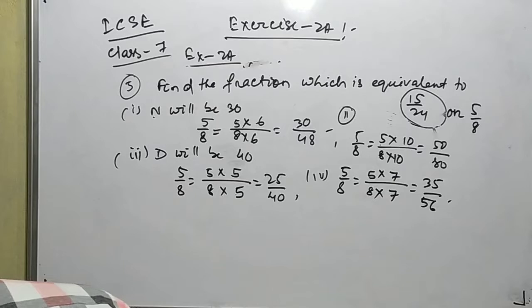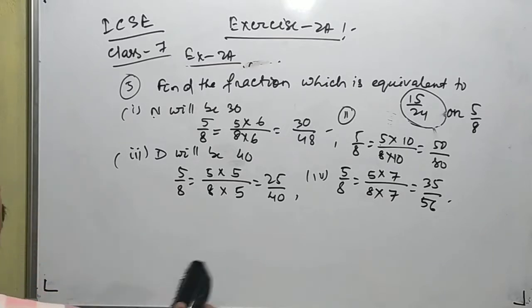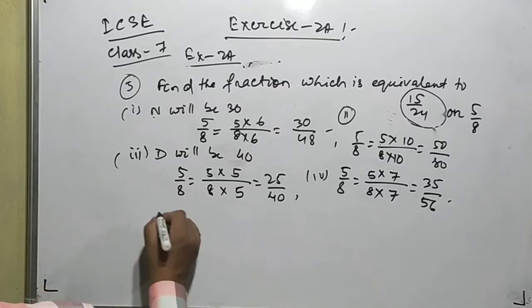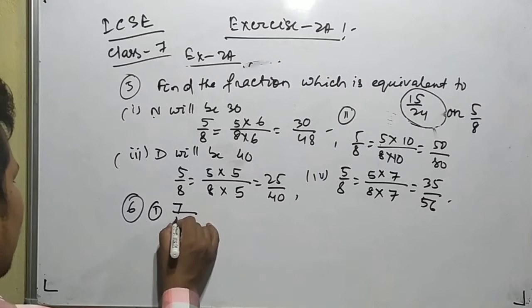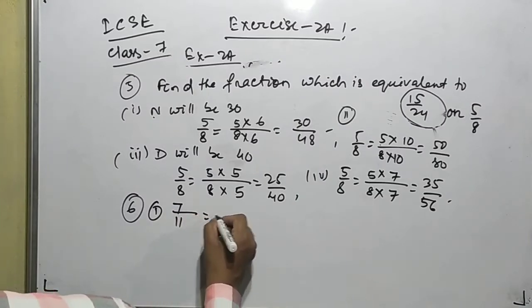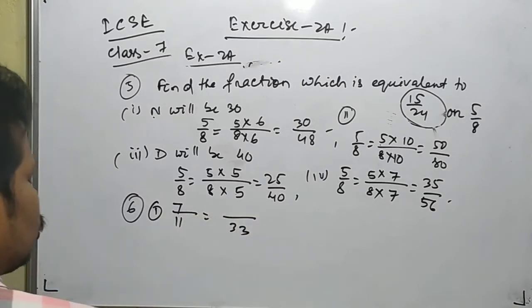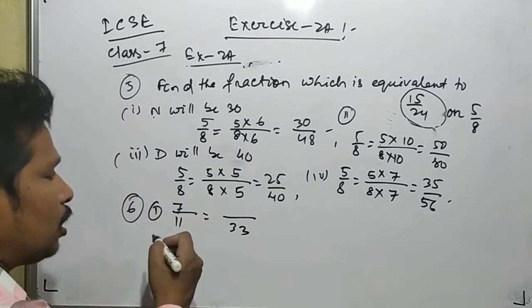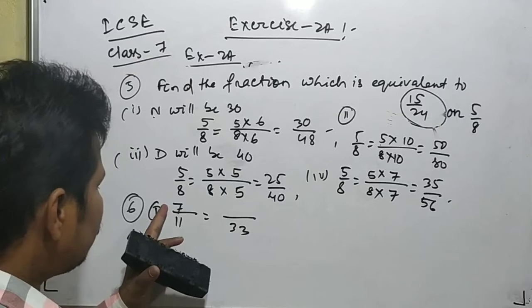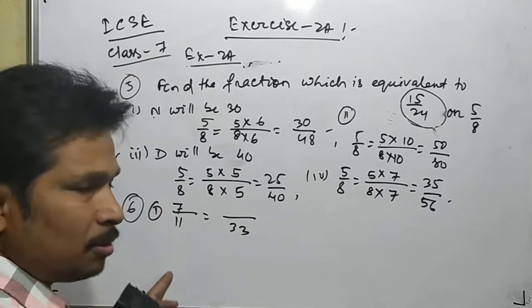Now question 6: find out the missing numbers. It is very easy. Part 1: 7 by 11 is equal to something by 33. So what will come here? First of all, you have to see whether the fraction is in the simplest form or not. Both are prime, so it is in the simplest form.